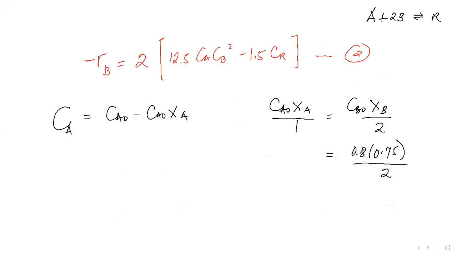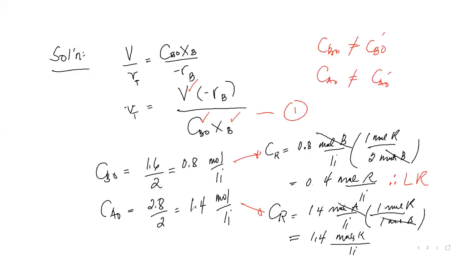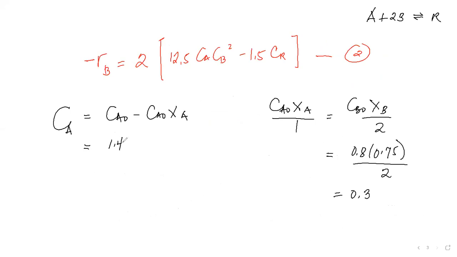So this is 0.6 divided by 2, so this would be 0.3. Kindly check my value. So you will have here a CAO, our CAO now is 1.4. So this is 1.4 minus 0.3. So your C sub A is 1.1 mole per liter.